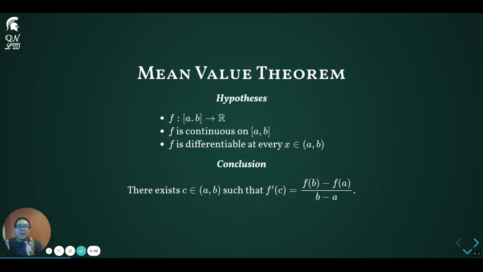Then we can conclude that there is some c strictly between a and b, such that the derivative f prime at c equals the rise over run from a to b, namely the quantity (f of b minus f of a) divided by (b minus a). You have certainly seen this theorem before in your calculus course, so I will not belabor the geometric meaning.